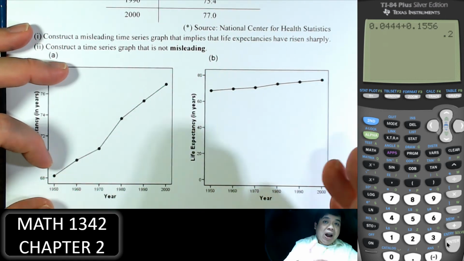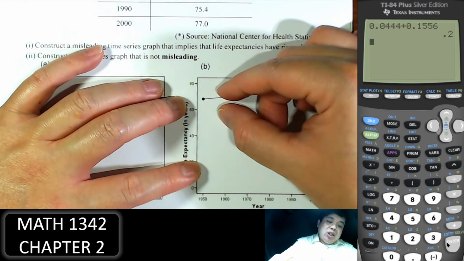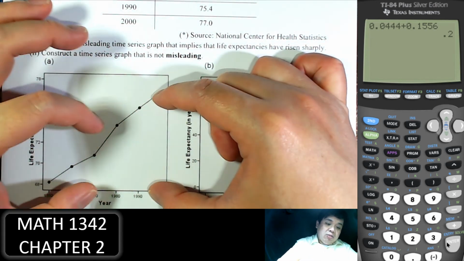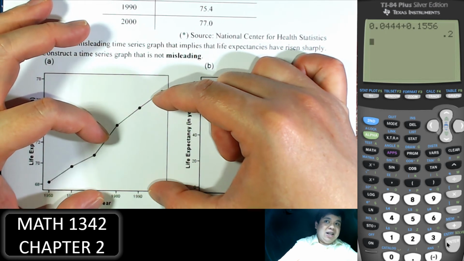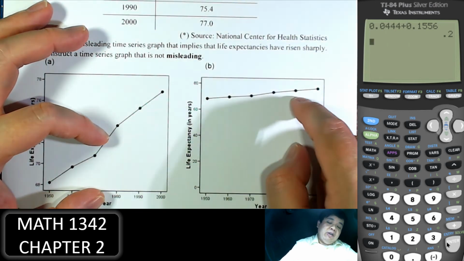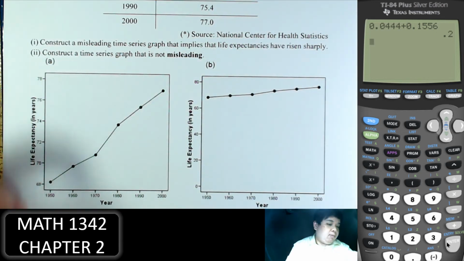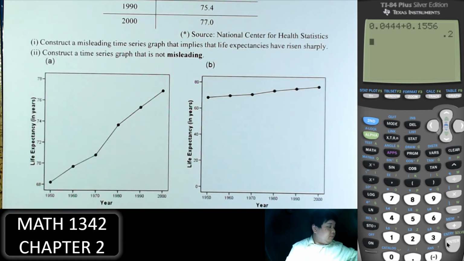So the correct graph should be this, because we see the difference exactly. Like this one doesn't look twice as much as this. It is not. We can only look at the difference, and the difference is very small. So watch out for that.